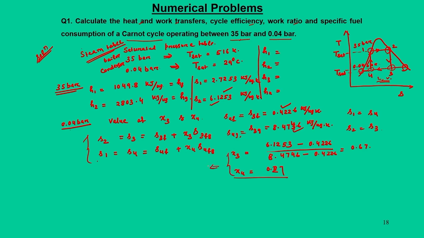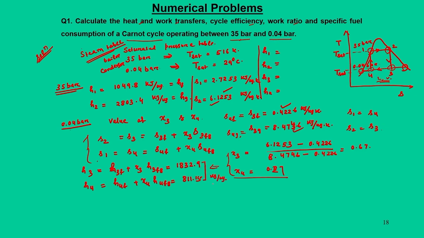So, this will give you H3: H3 will be H3f plus X3 H3fg, and H4 will be H4f plus X4 H4fg. By putting in these numbers we get 1832.9 and 811.15. So, both are kilojoule per kg.